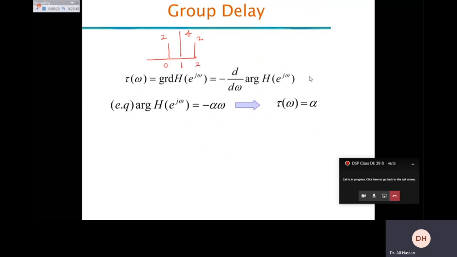Once you shift it in time, it is no more a symmetric signal, but its frequency response, which was real and even, which was 4 plus 4 cosine of omega, will now be multiplied by exponential minus j omega, the amount of shift. So a shift in time is multiplication by exponential minus j omega.